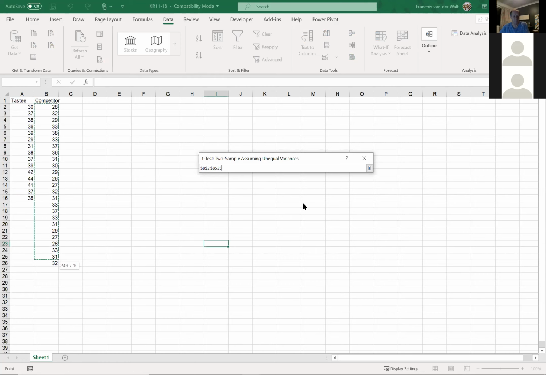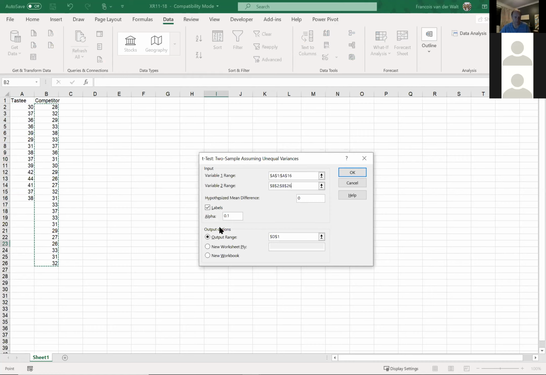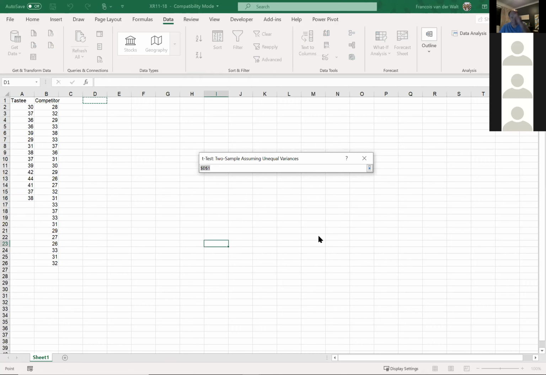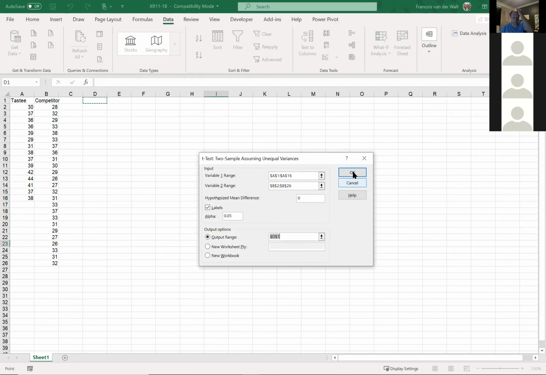I expect the difference to be 0. My alpha is now not 0.1 but 0.05. And my output range, yeah, that's good enough for me. Click on OK.